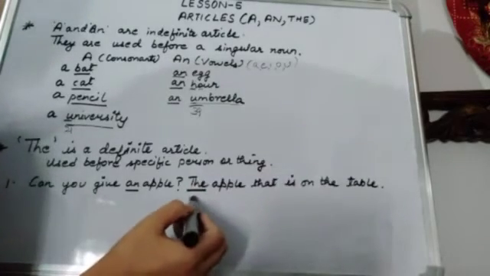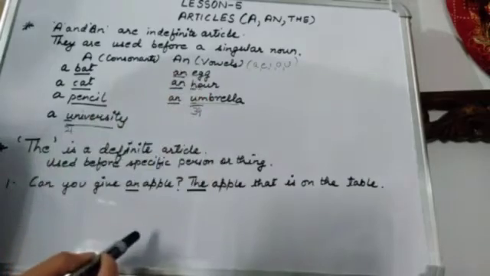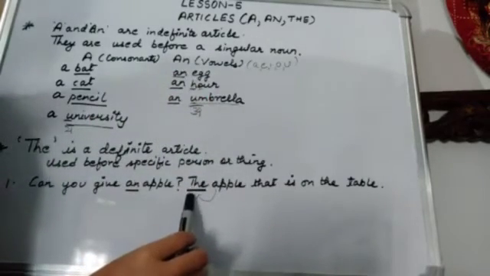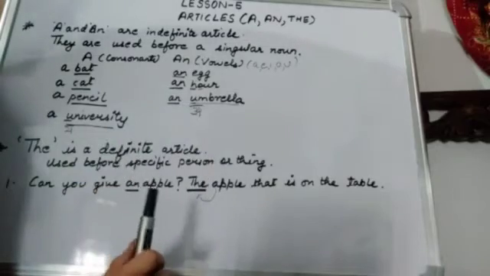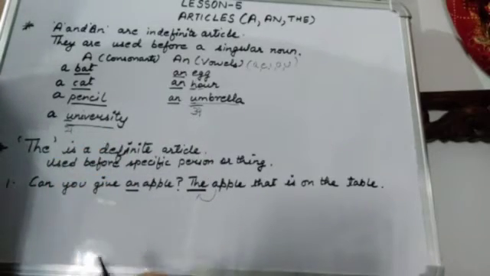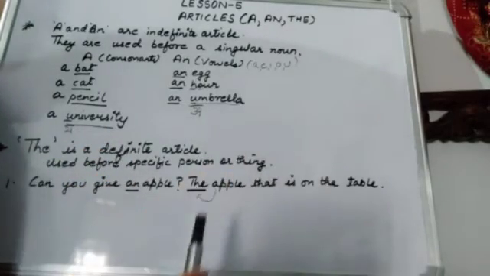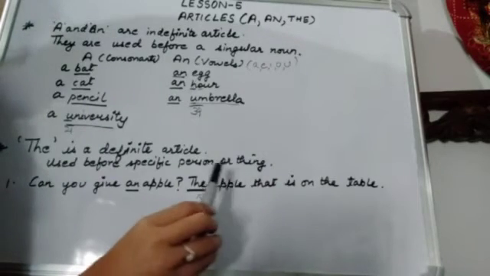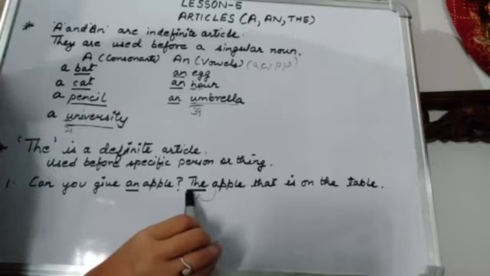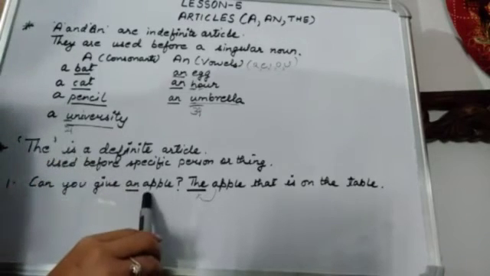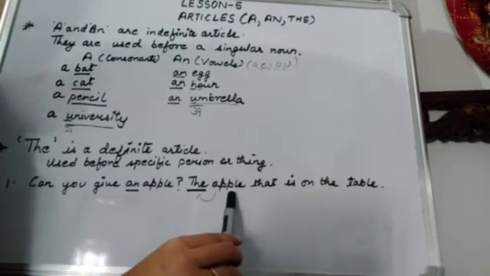In the next sentence I have written the apple that is on the table. Now why have I written the and not an over here? See class, I have written the because I am talking about a specific apple, a particular apple that is on the table. So here I am being specific. And also I am talking about the apple for the second time.